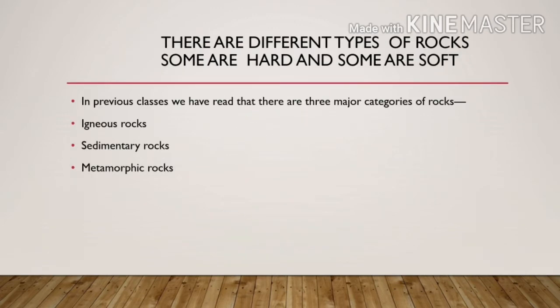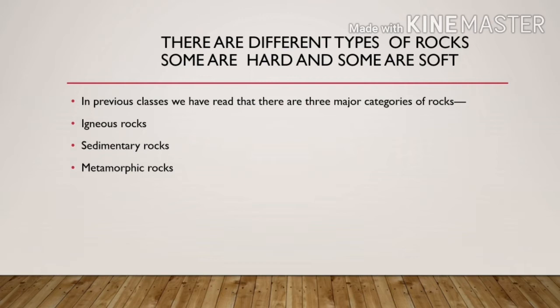Now we see the different types of rocks because earth is made up of rocks, and the soil which we see on the land is the deformed part of rocks. We know in our previous classes that rocks are of three types: igneous rock, sedimentary rocks, and metamorphic rocks.